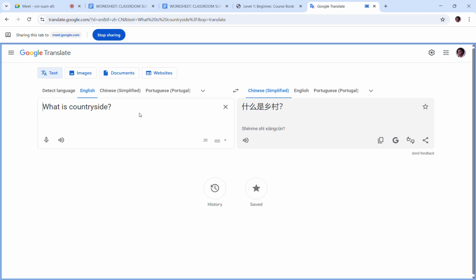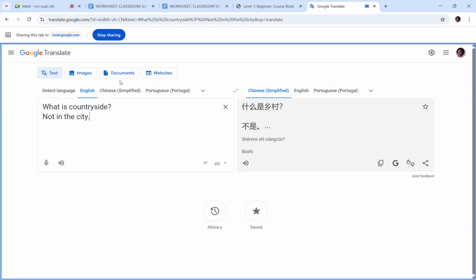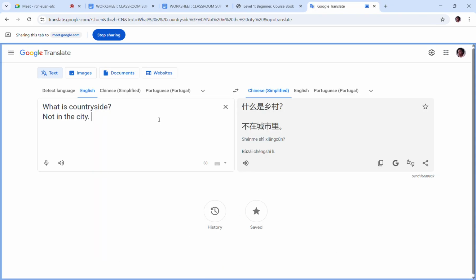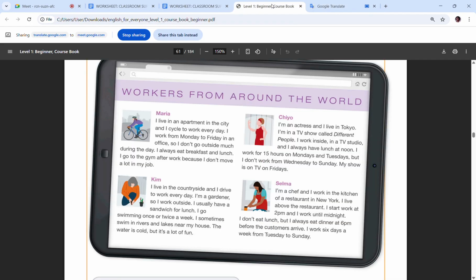It's in the village, not in the city, right? And she says she's a gardener, and she likes swimming.